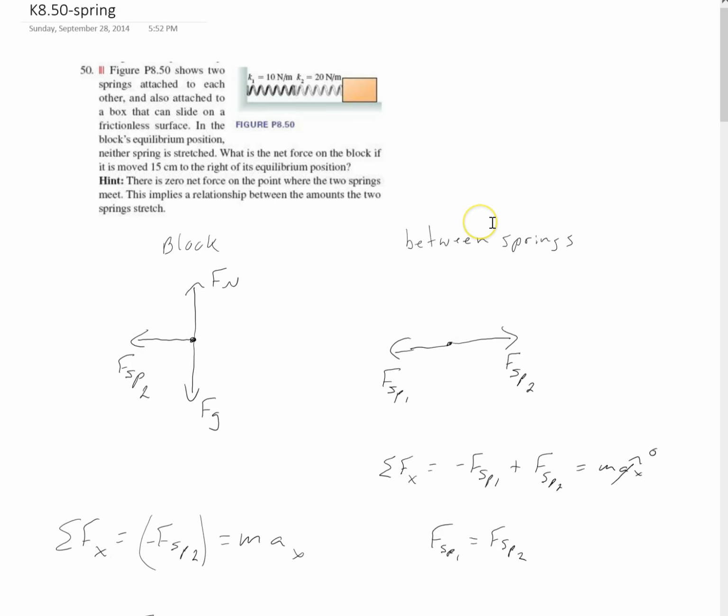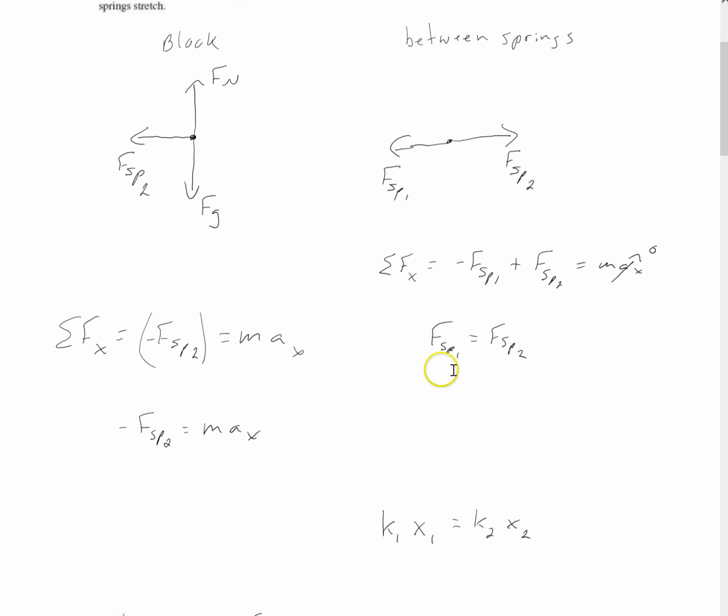And then we drew a force diagram between the 2 springs because we know the 2 springs don't move relative to one another at that particular point. That's where they're welded together. So on one half of the point we have spring 2, on the other half we have spring 1, telling us that those 2 spring forces have to be balanced.